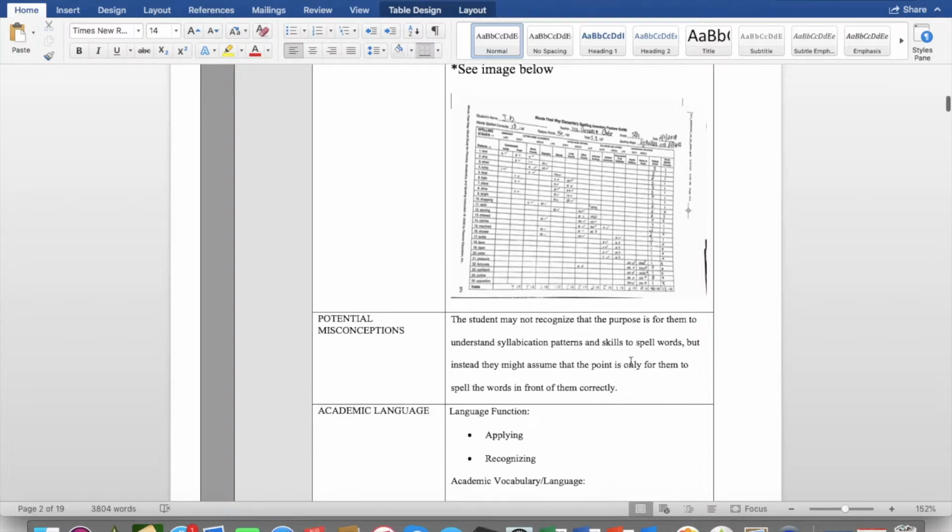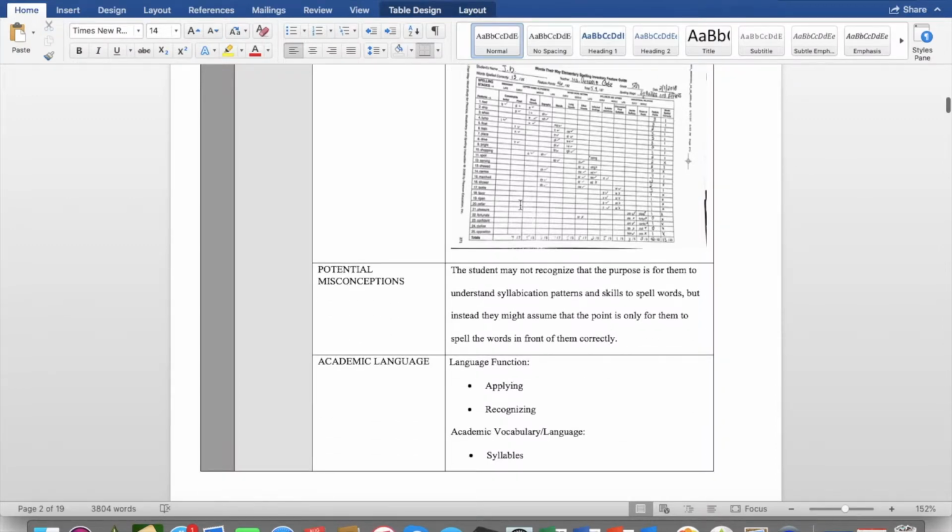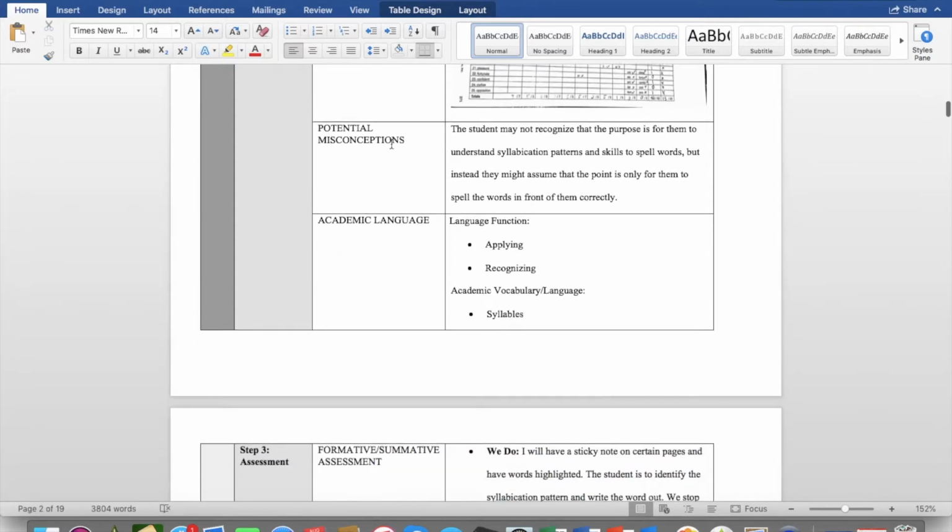So here's where you justify your reasoning. Next is the box potential misconceptions. This is where you kind of talk about what could go wrong with your lesson, or what's a potential thing that can go wrong, whether it be student understanding or just the way things flow. So I just said that my student may not recognize the purpose for them to understand syllabication patterns and skills to spell words.